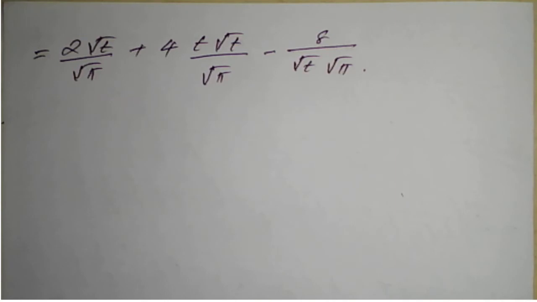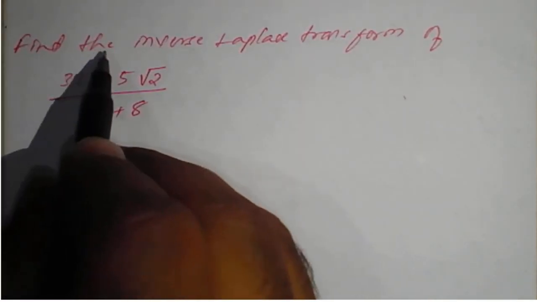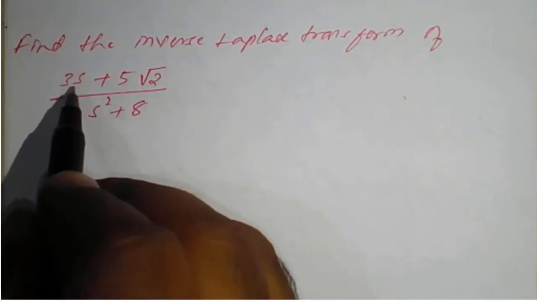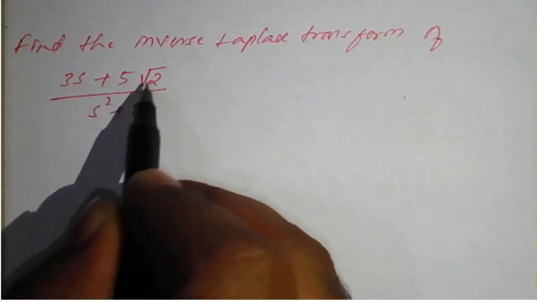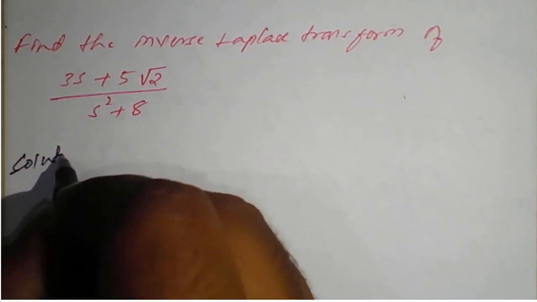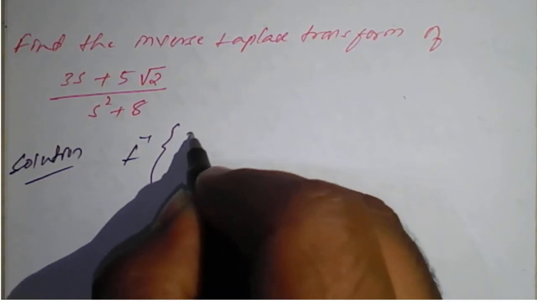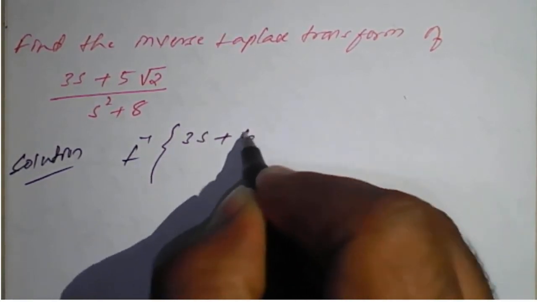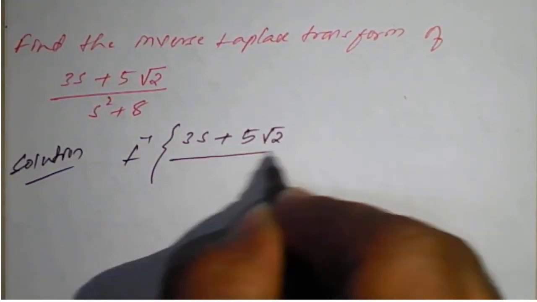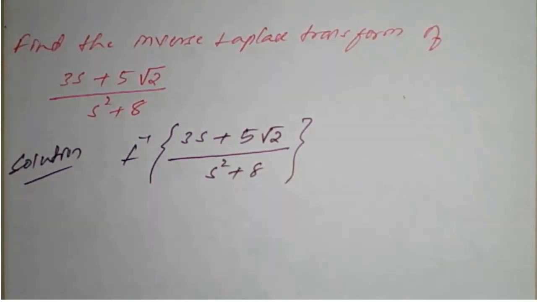So the next problem is: find the inverse Laplace transform of 3s plus 5 root 2 whole divided by s square plus 8. Solution: we need to find the inverse Laplace transform of 3s plus 5 root 2 whole divided by s square plus 8.